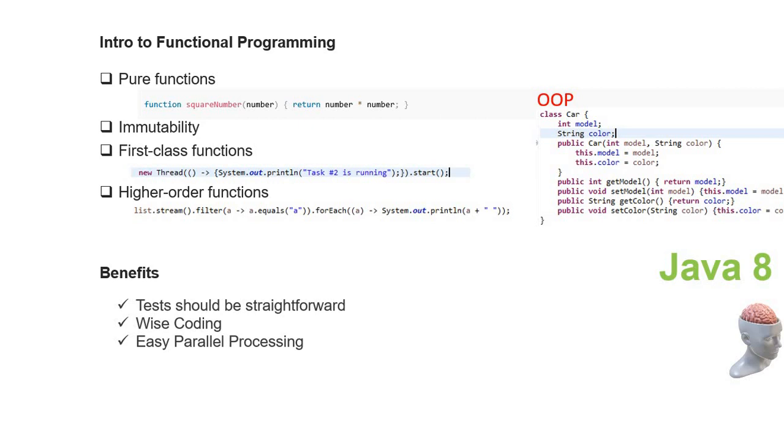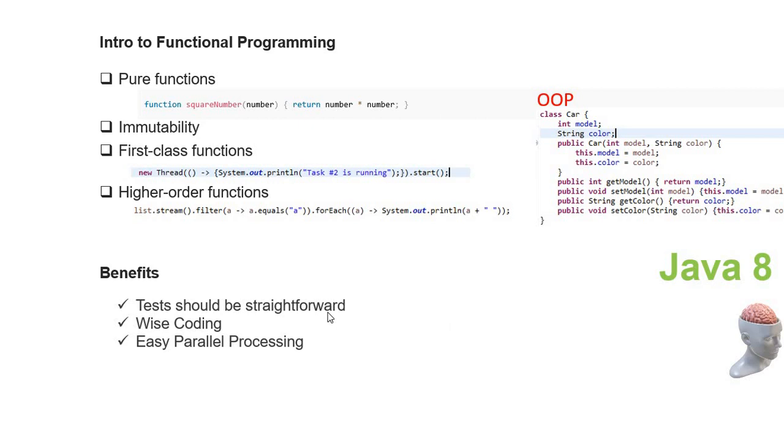Only in the places where the computation needs to happen across multiple cores, or where the computation needs to be very fast and we need to implement multi-threading, we can write that piece of code using functional programming. That's the one place I can think of for taking advantage of functional programming in the Java world.